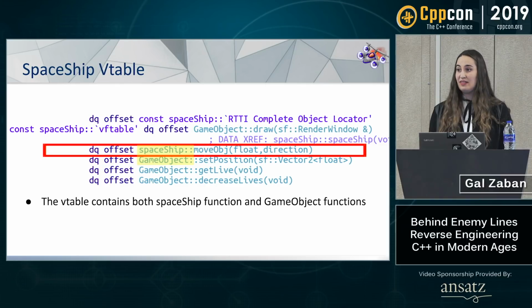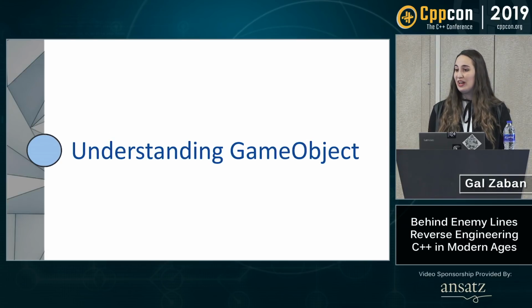The reason is that spaceship actually inherits from game object. This is why we saw a constructor call inside the constructor of spaceship, and why the vtable combines functions from both game object and spaceship. We would like to understand game object a bit more before we continue.